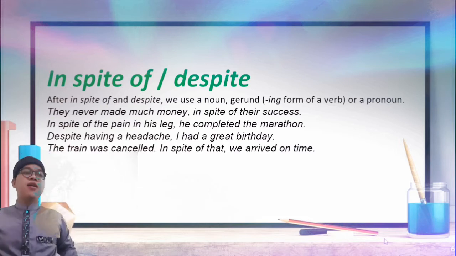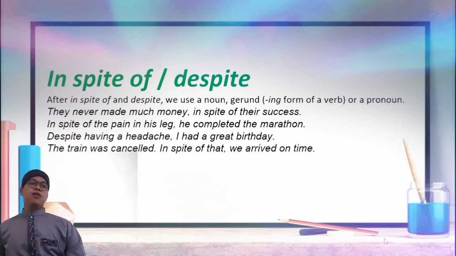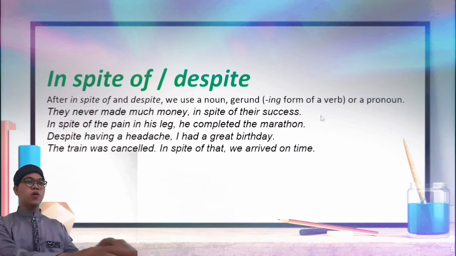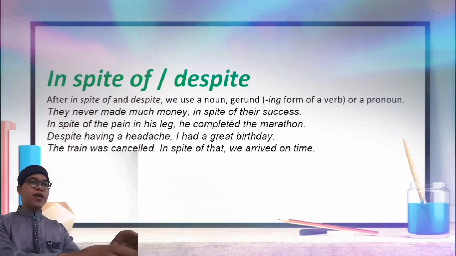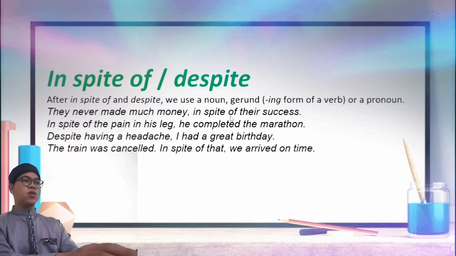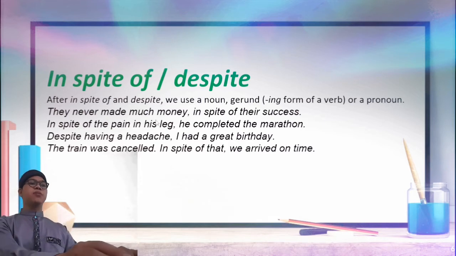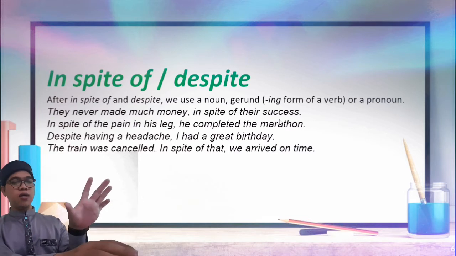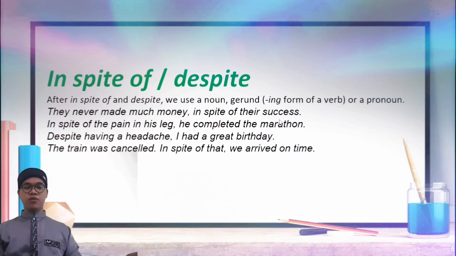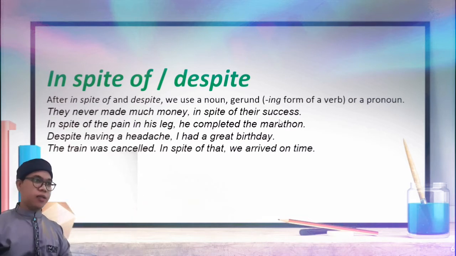Their success is a noun phrase, so we use in spite of or despite. We cannot use although here, with their success. That is weird and grammatically wrong.